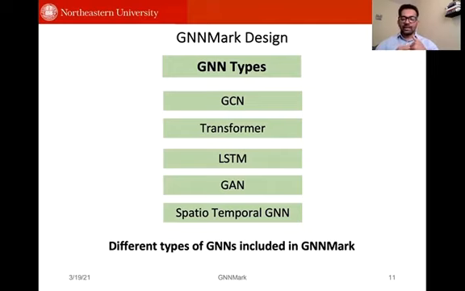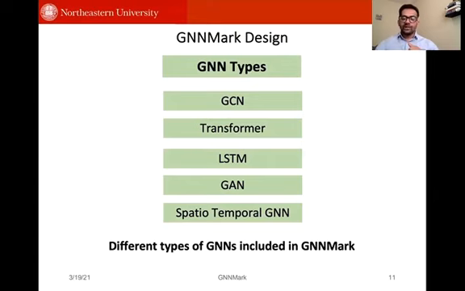We also have LSTM-based graph neural networks, such as the tree LSTM, and GANs are another class of graph neural networks. Similar to GANs in machine learning, which are very useful because they can be trained on less data, and they have found different applications as well. Similarly, GANs are also being explored for GNNs.